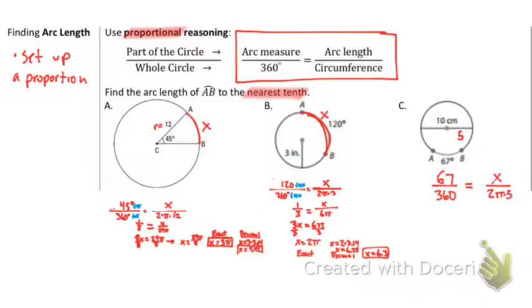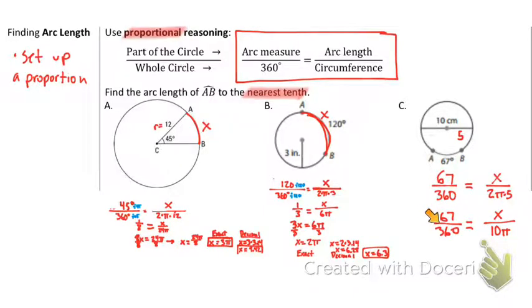All right, so let's clean this up as best we can. I like to do the circumference part first. So 2 times 5, that gives me 10 pi. And 67 over 360, right off the top of my head, I can't think of anything that will reduce that, so we have to leave it like that, okay?